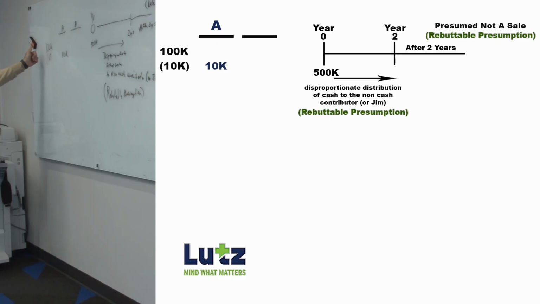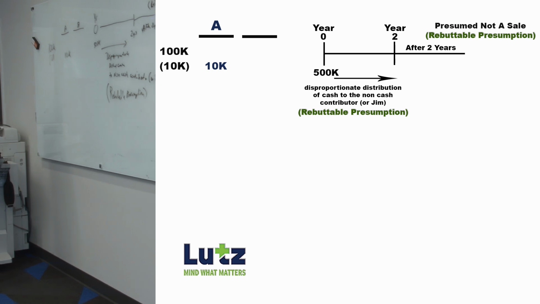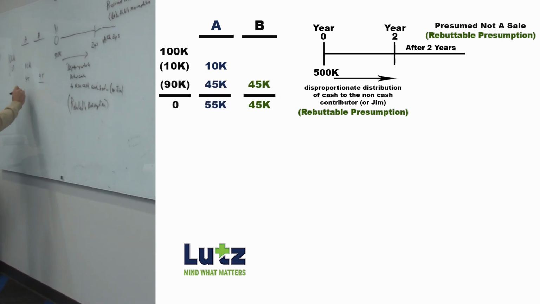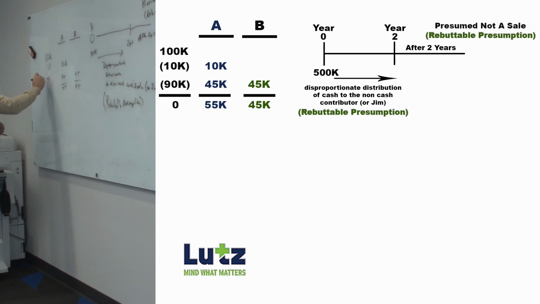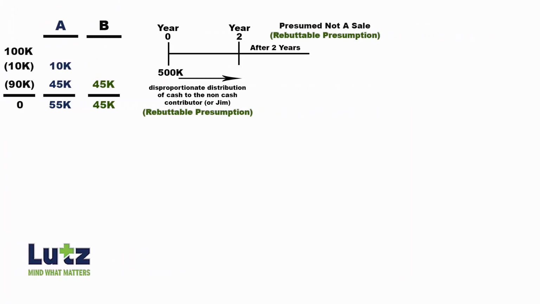Okay, so now what's 100 minus 10, Noodles? 90. Presuming we're 50-50, 45 to each. So by virtue of giving the first 10 of the 100 to A, and the next going 50-50 between A and B, does that tie back to my 55,000?